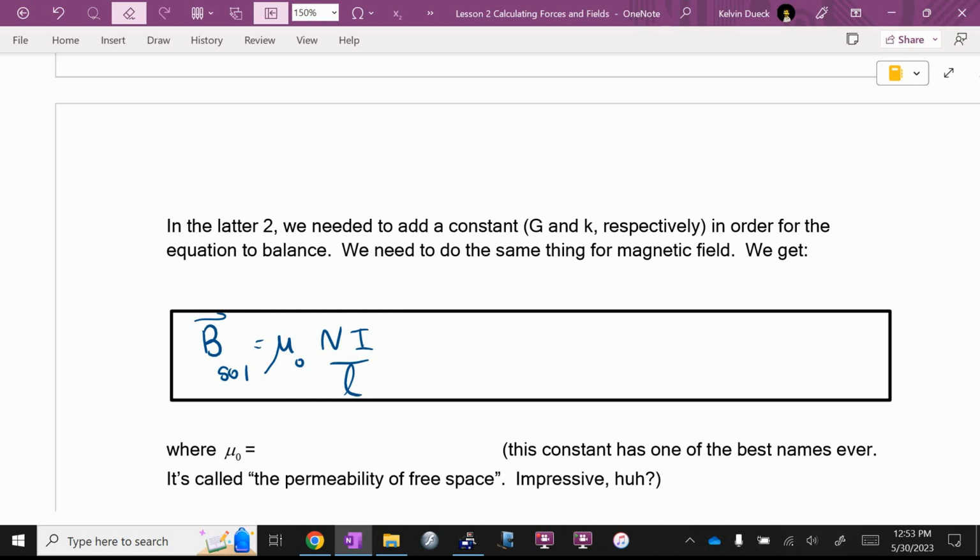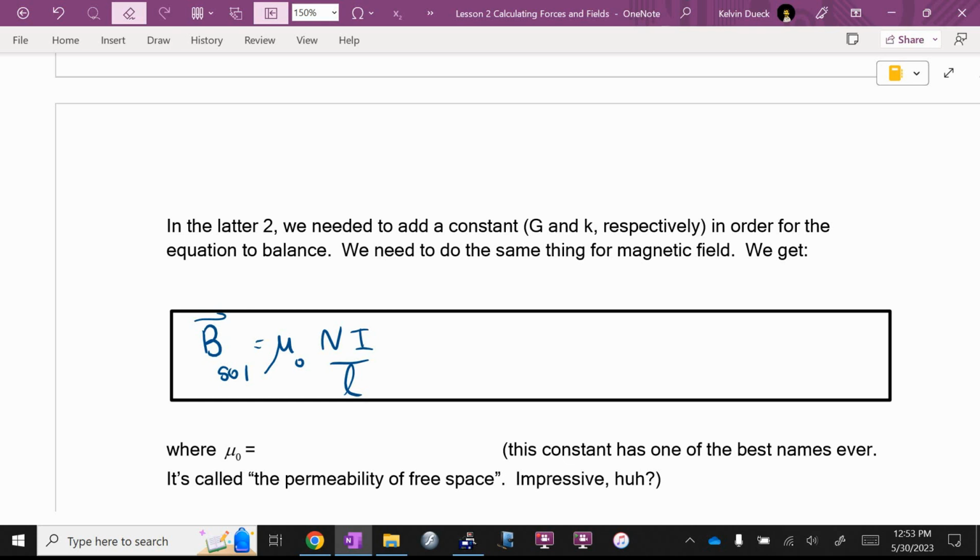What is mu naught? It's on your formula sheet. Probably right below the k, I'm going to guess, or at least in the same area as the k and the big G. Joanna, what is it? Pi? Really? Pi shows up in weird locations.